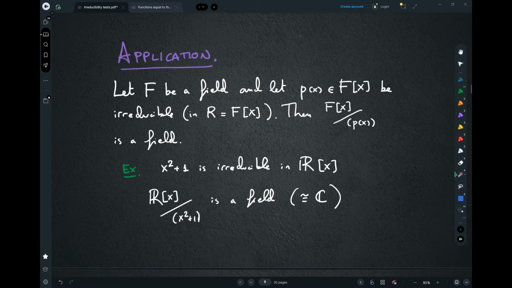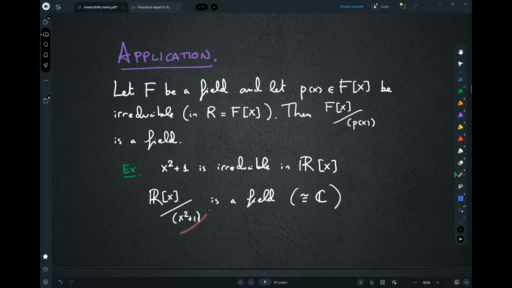That's what we just proved: if you have an irreducible element in a ring and you do the quotient of F of x by the ideal generated by that irreducible element, you get a field. But this allows us to construct some interesting fields. For example, x squared plus 1 is irreducible in polynomials over the reals, and therefore the quotient by the ideal generated by x squared plus 1 is a field.